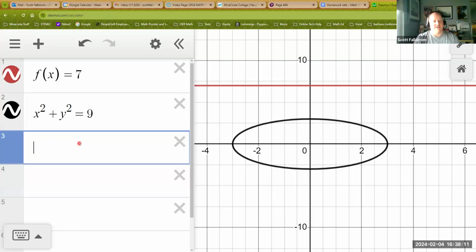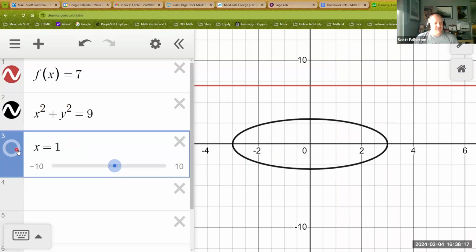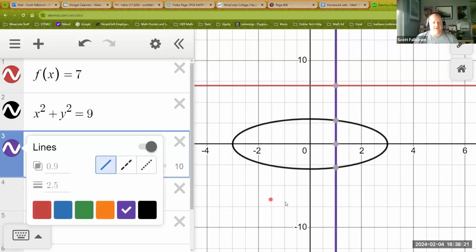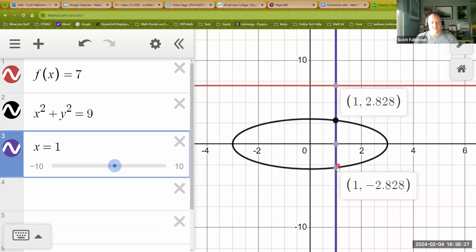It won't let me add a slider there. So what I really want to do is x equals, I'll say x equals 1. And I'm going to change the color on this just so we don't mix it up, okay? So take a look. Here's x equals 1. And when I click on the line, I want you to notice something. The input of 1 has 2 outputs.